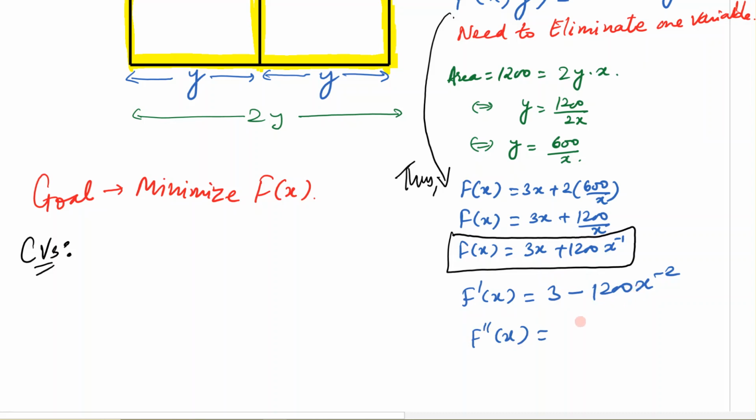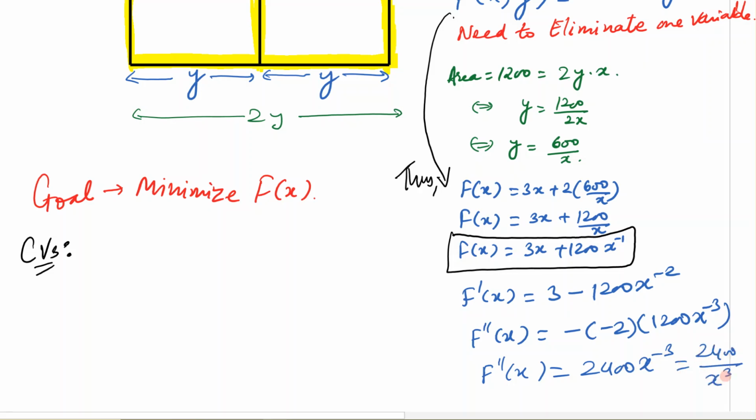In this case, the second derivative is going to be -2 times -1200 x raised to power -3. So overall we get 2400 x raised to power -3, or 2400 over x cubed.